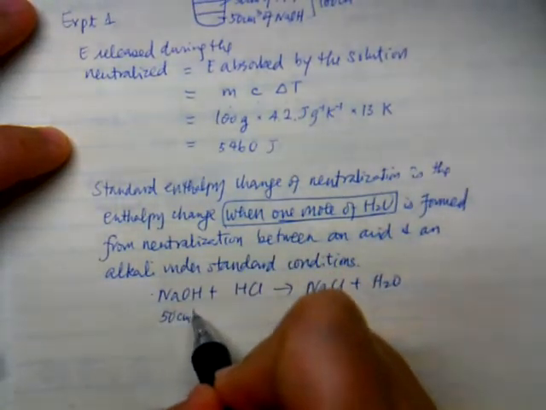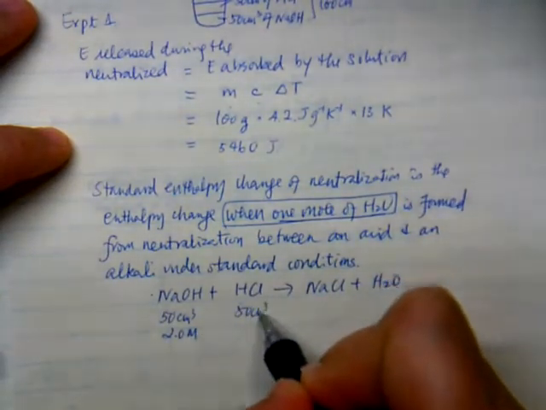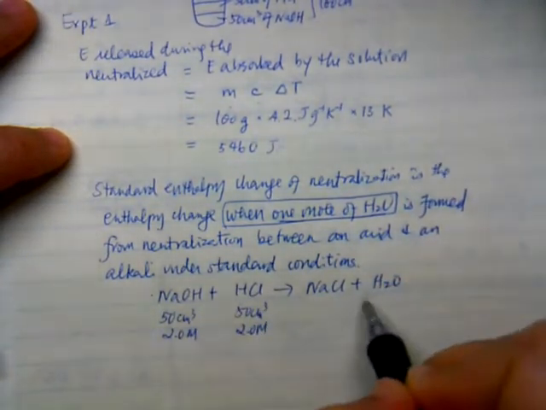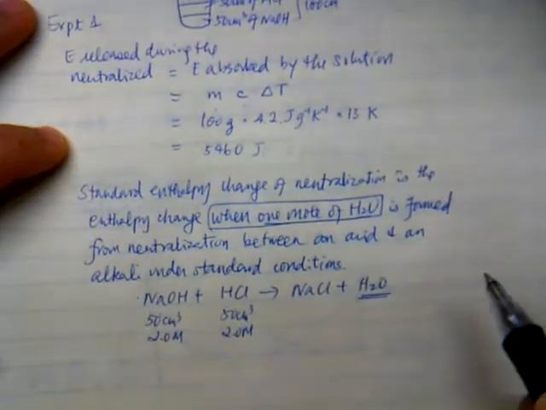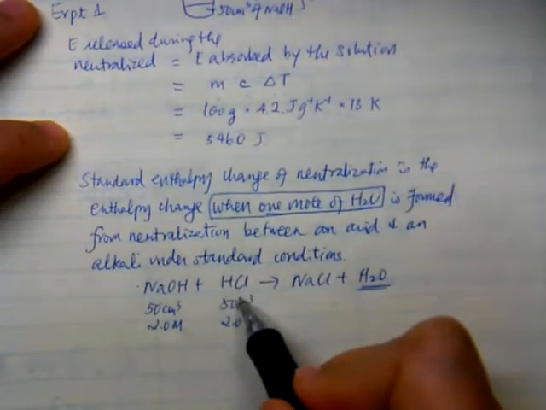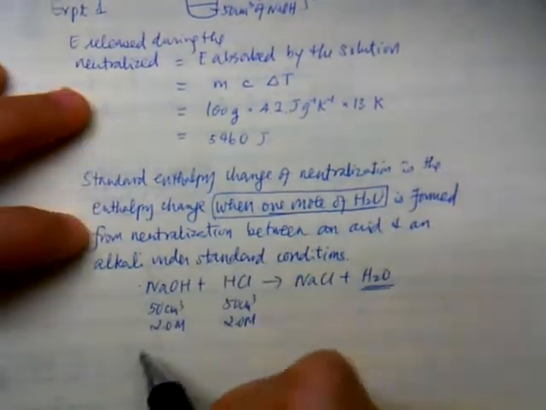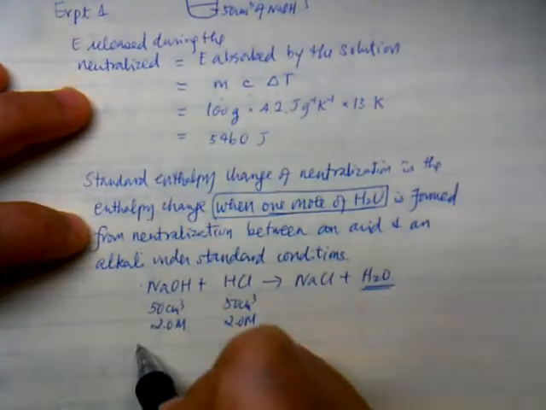We have 50 cm³ 2.0 M, 50 cm³ 2.0 M. In other words, to calculate the number of moles of water, you can use the number of moles of HCl or the number of moles of NaOH. Either one is acceptable.